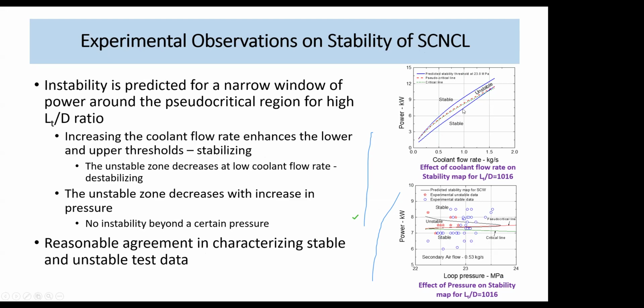Your unstable zone goes to higher and higher powers. And then if you increase the pressure, for example, if you go beyond, let's say, 23.7 or so, you find there is no instability. That is 23.7 megapascal, that is 237 bar.